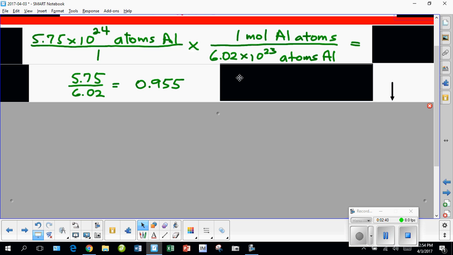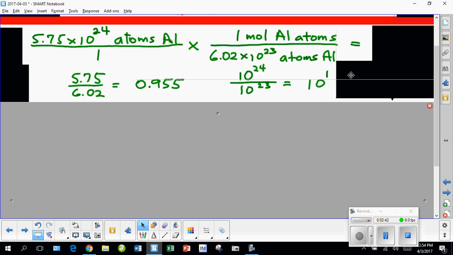Now this guy is just 10 to the 23rd on the bottom, which means that we're going to subtract exponents. We didn't have to do that with the last problems because there was no second 10 to the 23rd number.